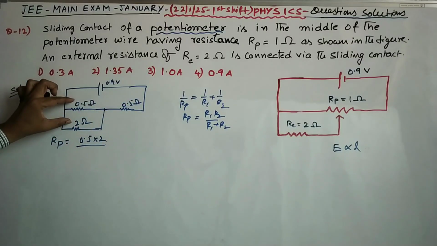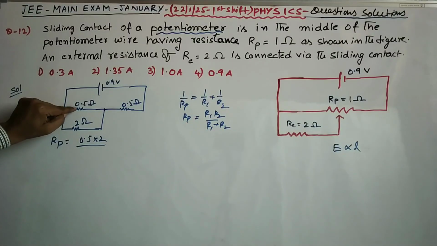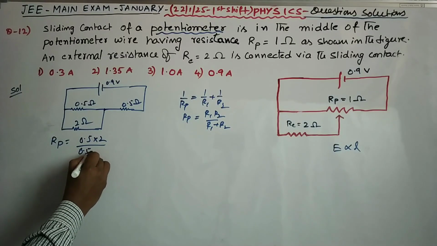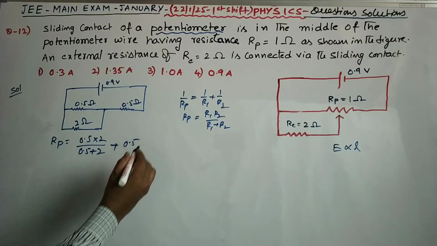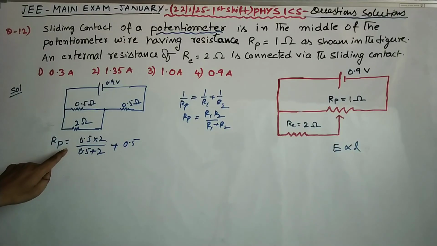This is the resultant of the parallel combination, which is in series with 0.5. Here R1 is equal to 0.5 and R2 is equal to 2. That means 0.5 into 2 by 0.5 plus 2, plus 0.5, which is the total in series. So total resistance is equal to this.